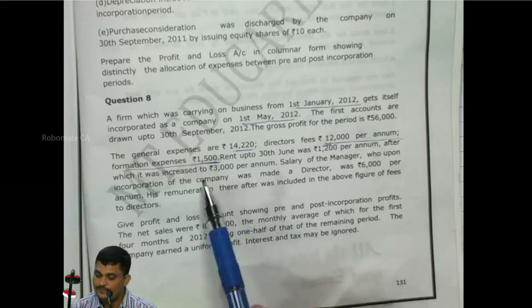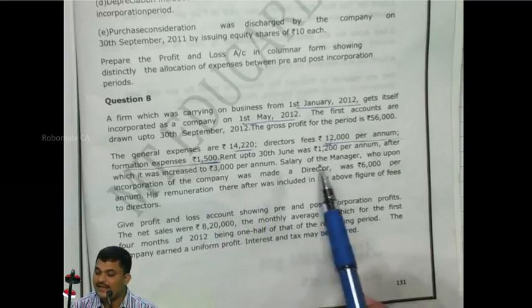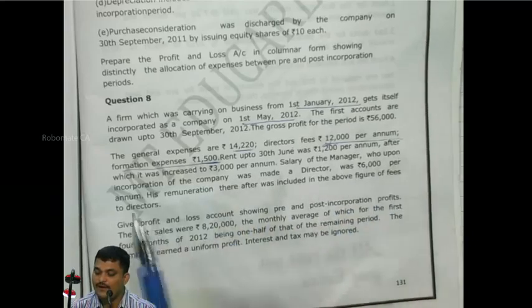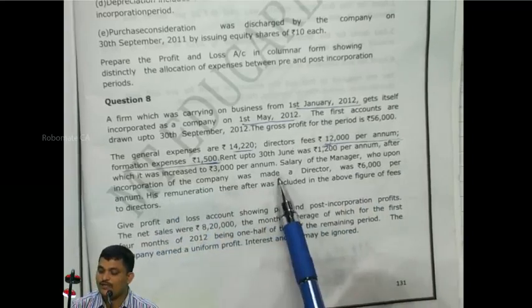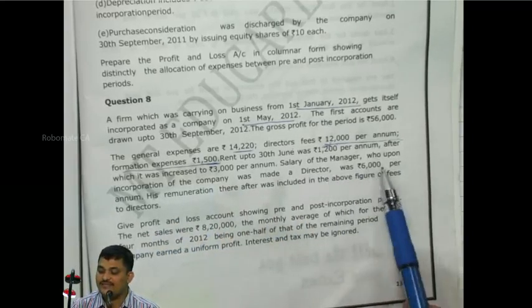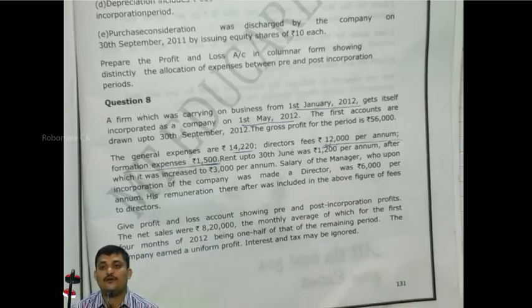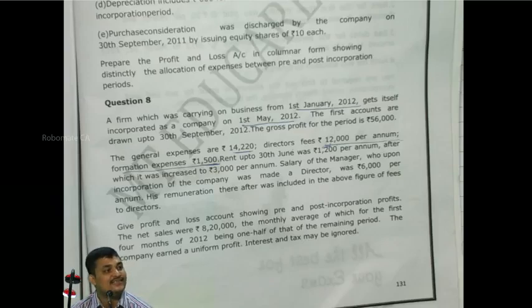Number 2, then salary of the manager who upon incorporation of the company was made a director was rupees 6,000 per annum. His remuneration thereafter was included in the above figure of fees to directors. There was a manager in the partnership firm. After this partnership firm was converted into a company, this manager became one of the directors.